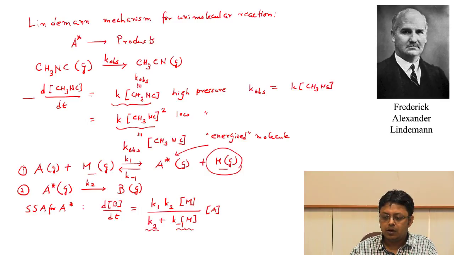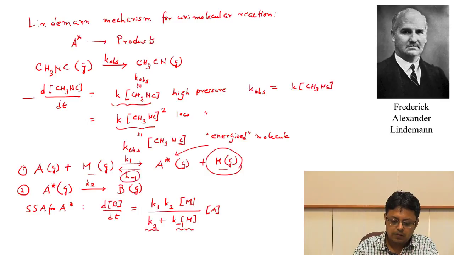Remember that the K observed was K times M. If it is a very high pressure situation, then the collisional deactivation will be much more. What is the collisional deactivation step? This is basically the K minus 1 step.